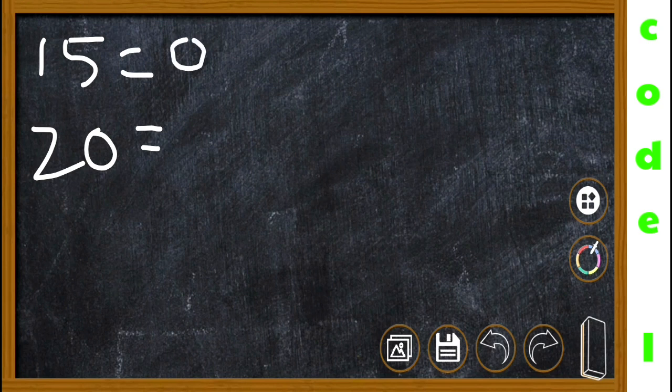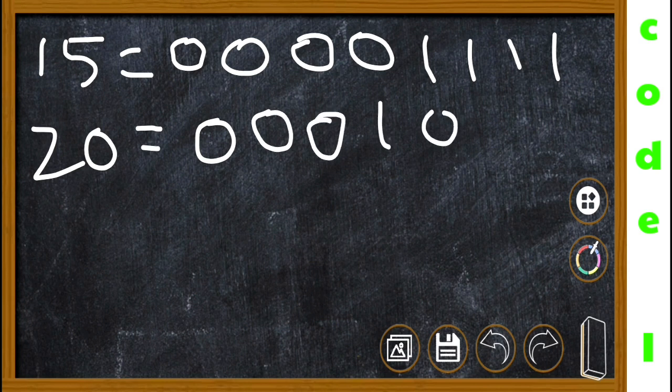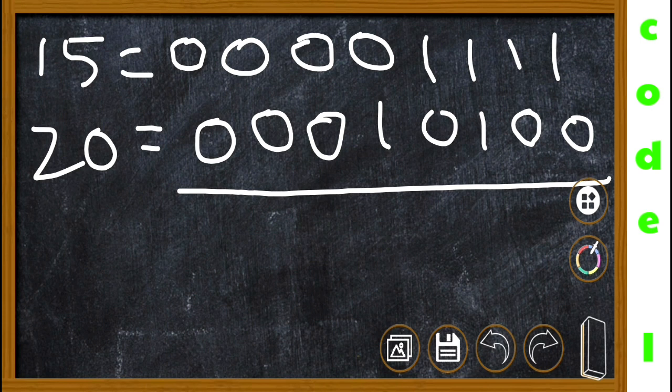That is 0 0 0 0 1 1 1 1, and we represent 20 as 0 0 0 1 0 1 0 0, and all that we have to do now is AND these two integers, that is ANDing 15 and 20.